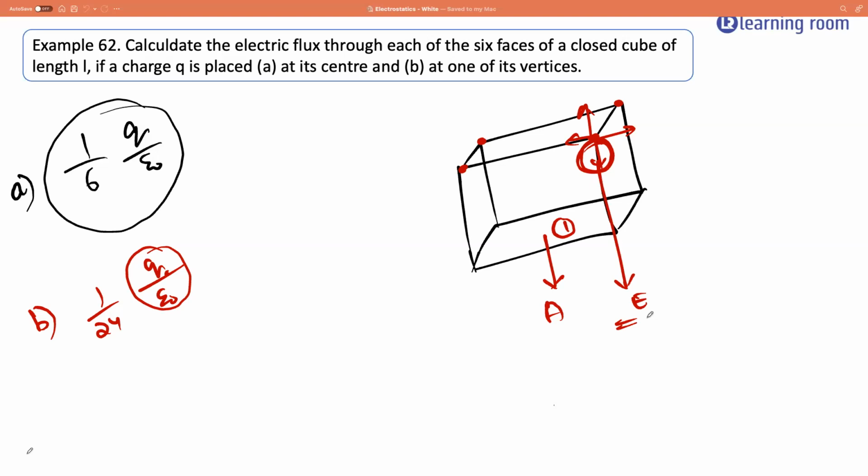Similarly, there is a face at the back. That is 2. So through that face, what is going to be the value? It is going to contribute to the flux. Similarly, with respect to this charge, there is a face here. It is going to contribute to this. So how many faces is the charge at one of the corners able to contribute to? Contribute to the flux only through 3 faces.